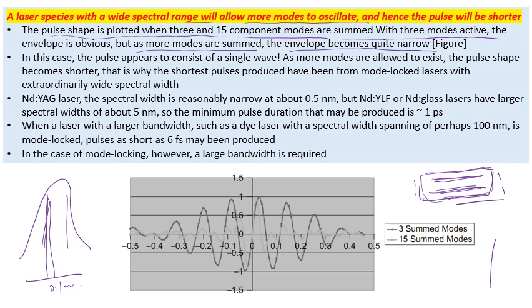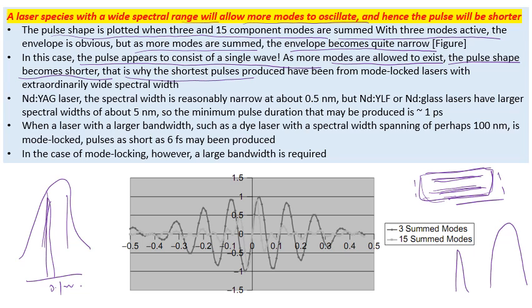It will be like this. The pulse appears to consist of single waves as more modes are allowed to exist, so it depends on the gain. The pulse shape becomes shorter, as I mentioned.